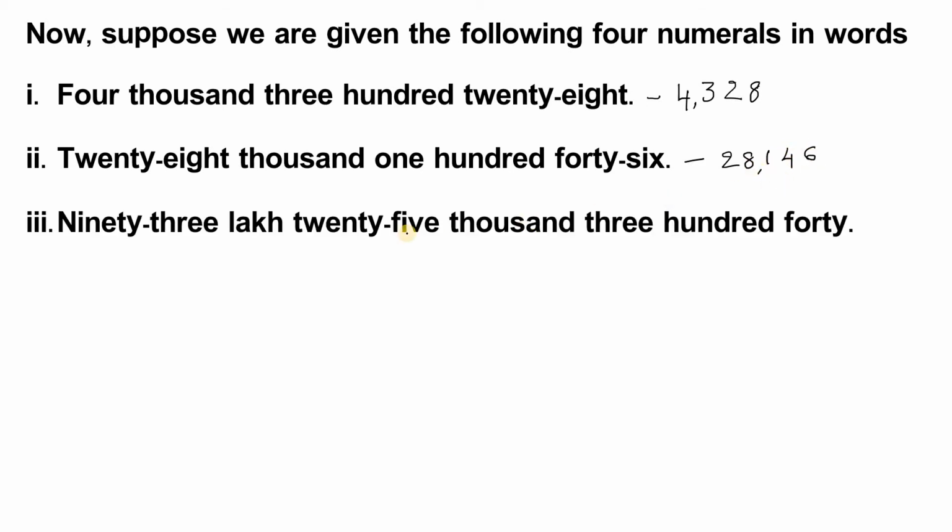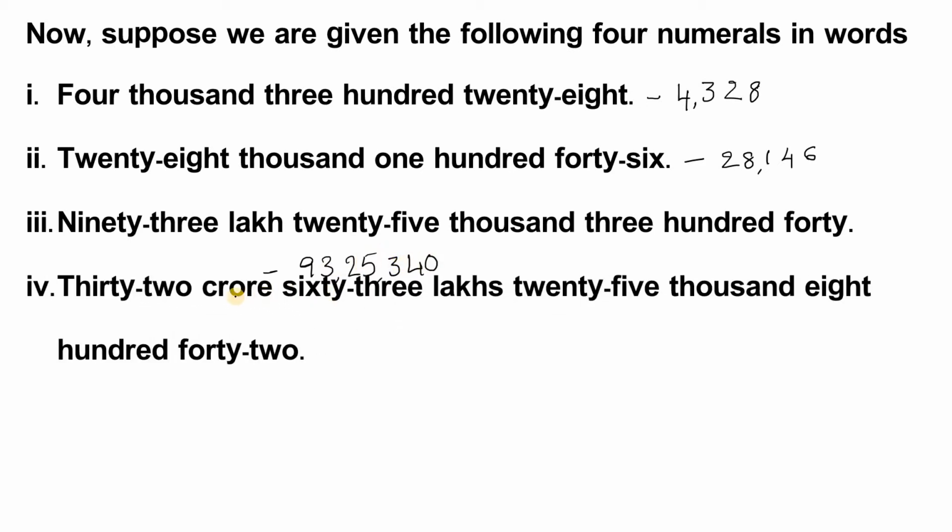Okay. Third example, 93 lakh 25,340. Fourth example, 32 crore 63 lakhs 25,842. See, we wrote the words in numerals, right?